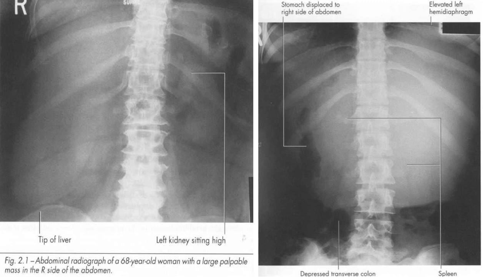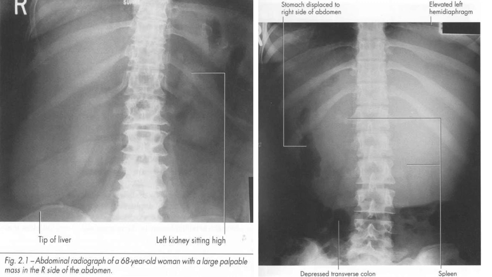Now on your right you can see this huge splenomegaly. That opaque area is the spleen, which is crossing the midline of the abdomen.